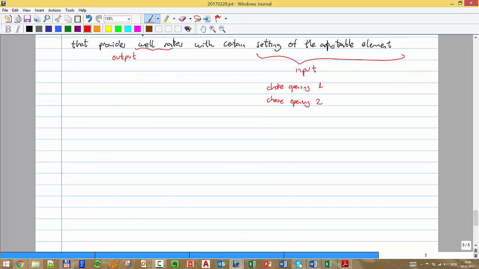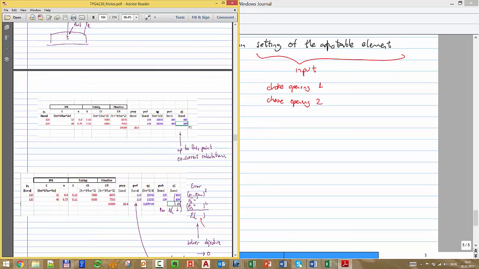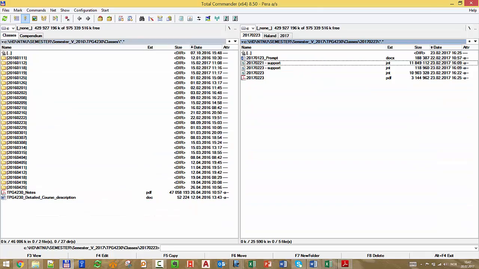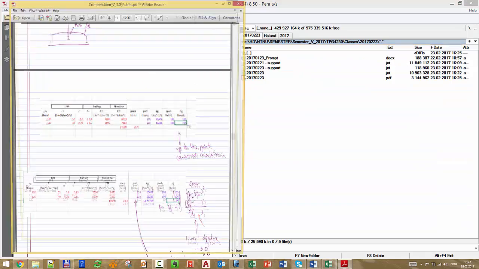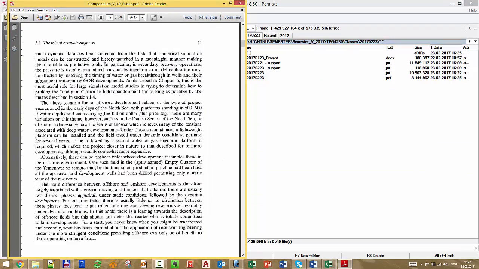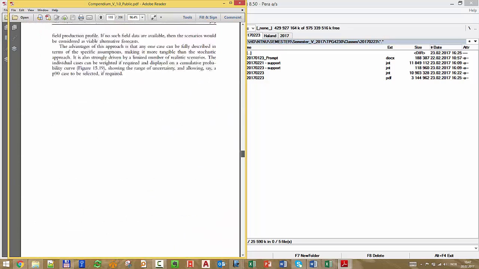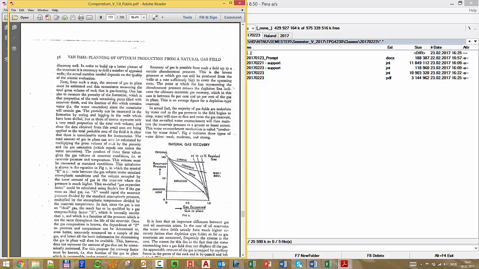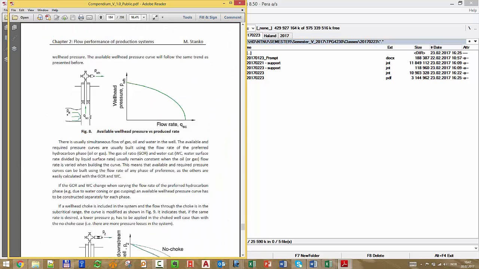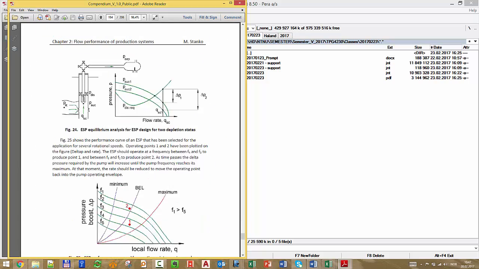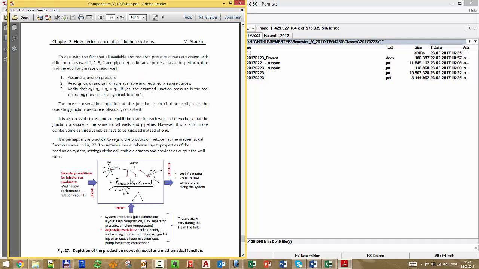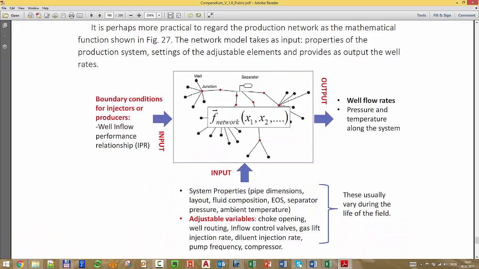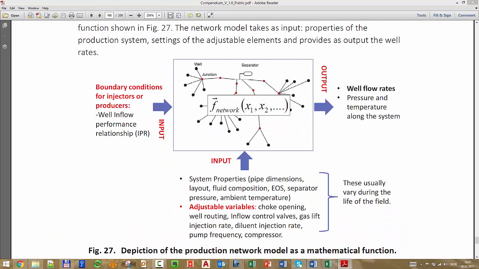I think that we have a nice picture in the compendium. Okay, like that. Yeah, of course you need some more things like the properties, you need the dimensions, you need the IPRs, you need many things.